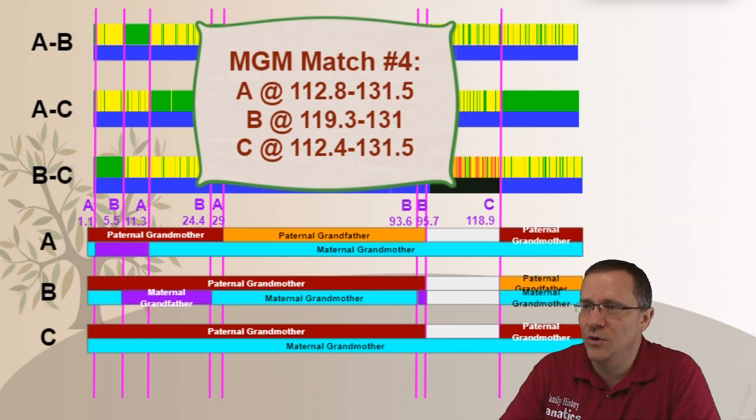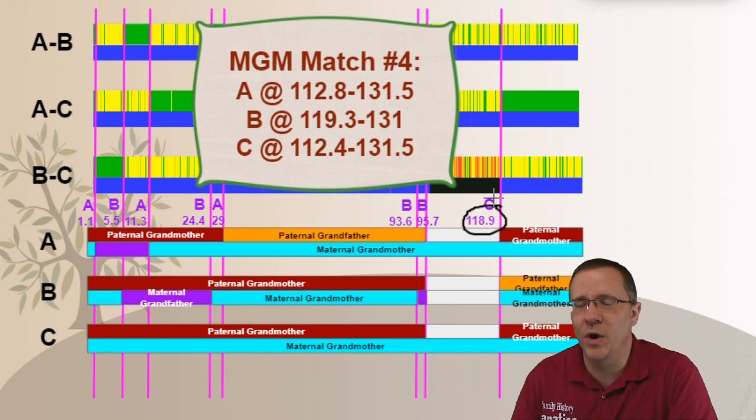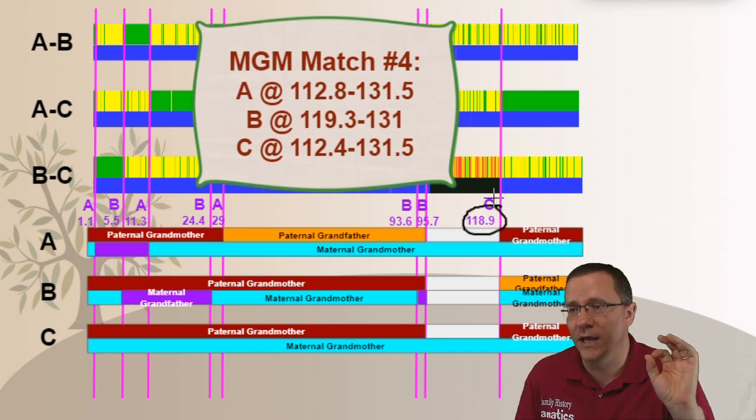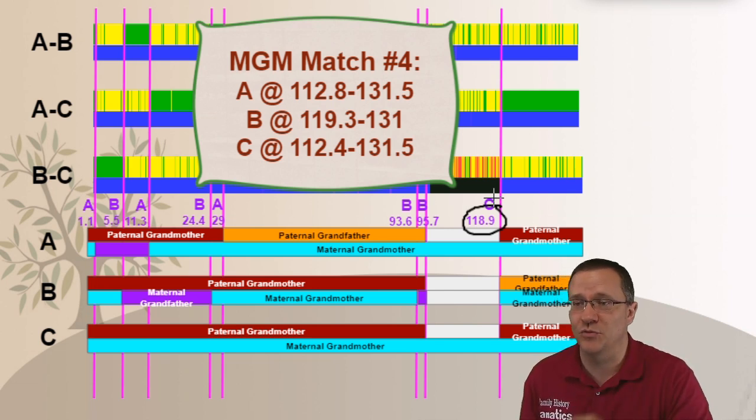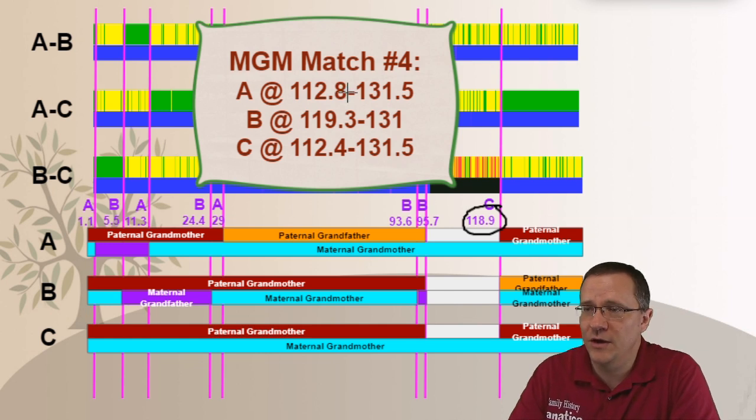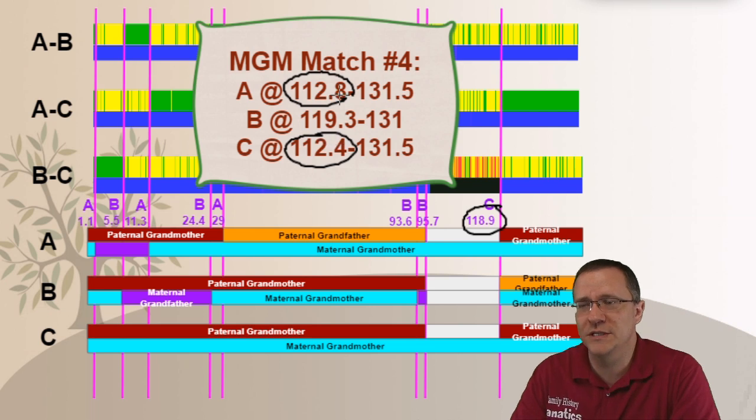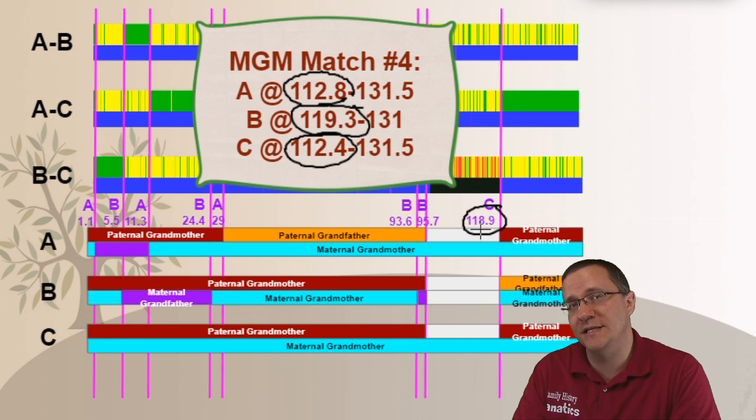So for instance, we already had identified that 118.9 was the recombination point based off of what GEDmatch was reporting. When we're looking right here, we see that this 112.8 and this 112.4 shows up a couple times. And then there's this 119.3, which is close to 118.3.